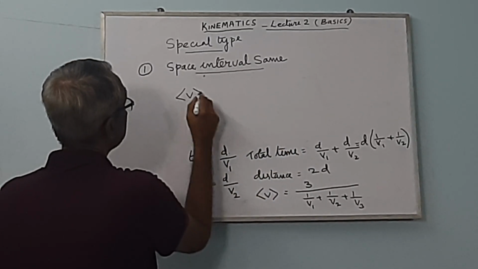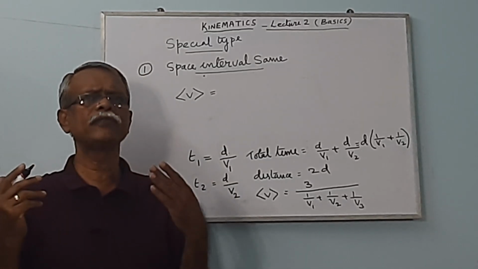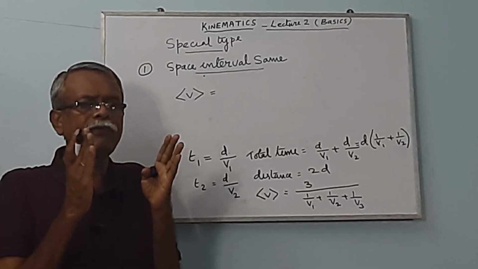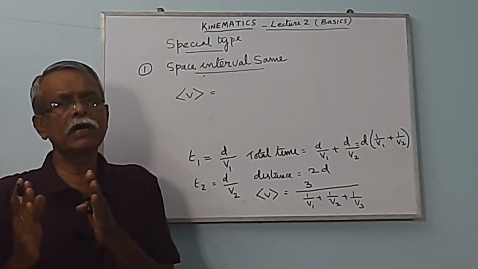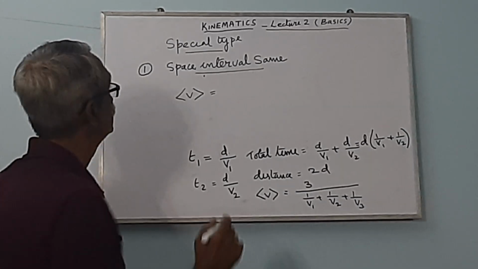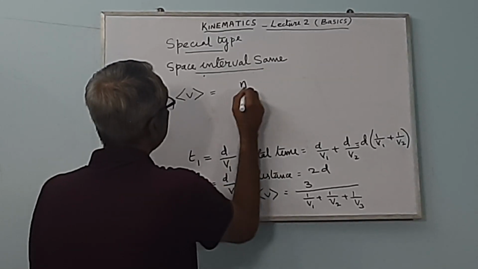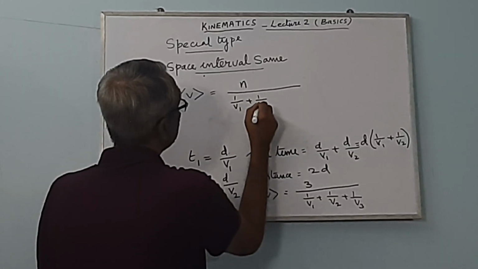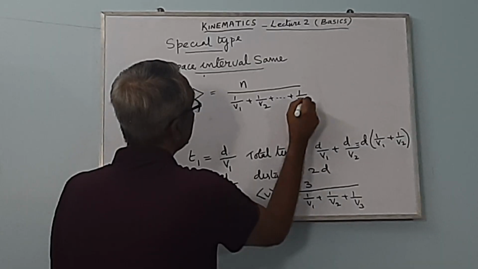It is given that the particle travels with velocity 10 meter per second for the first 1 by 5th of the distance, 15 kilometer per second for the next 1 by 5th of the distance, like that. And there n is equal to 5. In general, the formula will be n divided by 1 by v1 plus 1 by v2 plus etc. plus 1 by vn.